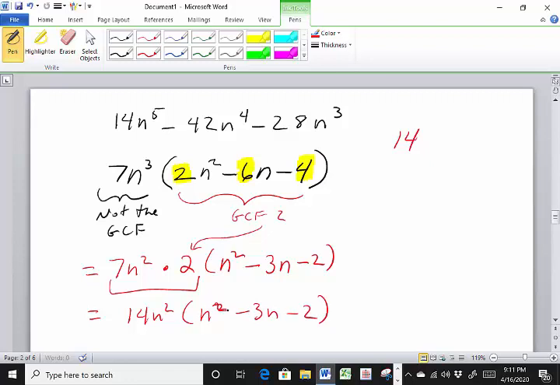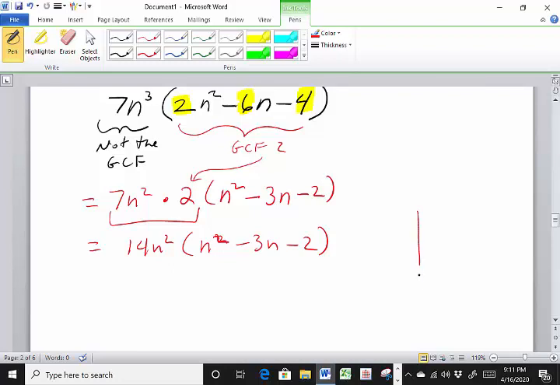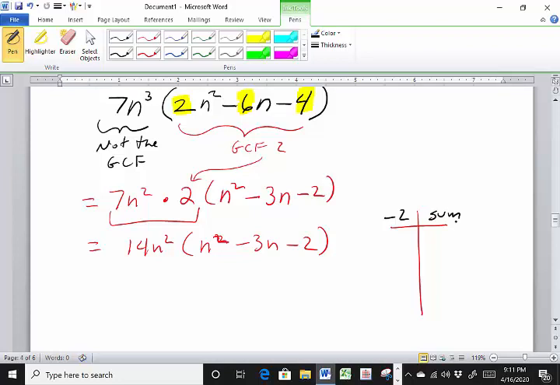Well, are we done? Well, maybe, maybe not. Can we factor this last trinomial? Well, let's see. We have minus 2 goes over here on the table, and write down the sum. Well, let's see. Minus 2 can only be written as minus 2 and 1, or 2 and minus 1, right?